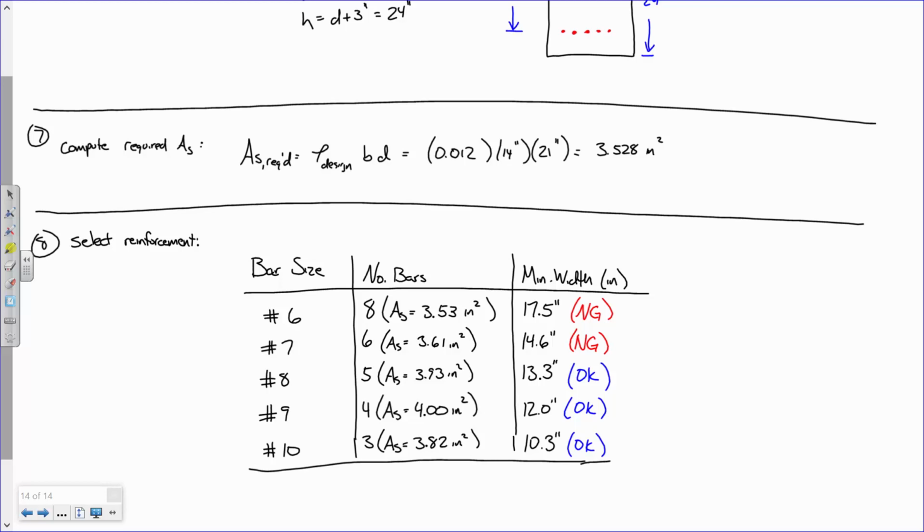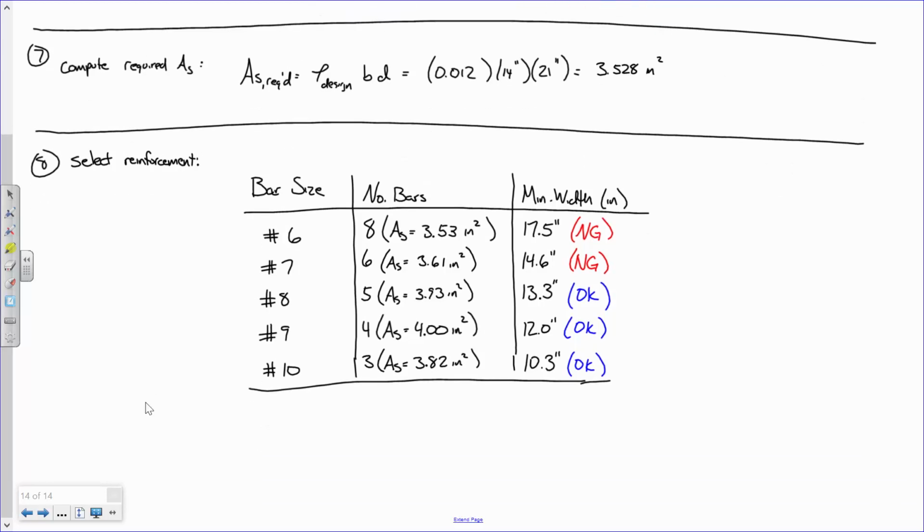So therefore, trial beam, here's our beam. This is 14 inches. This is 21 inches.